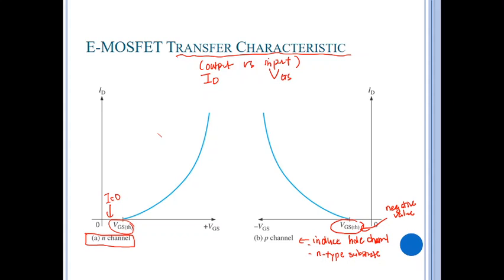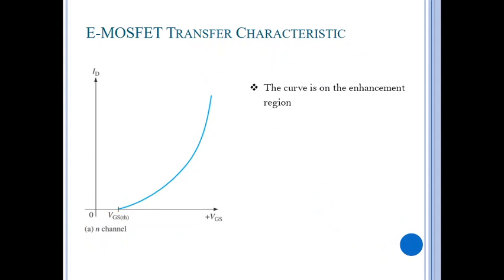When the gate voltage is made more negative, we can induce more holes, so more current flows. We will mostly use the N-channel EMOSFET.